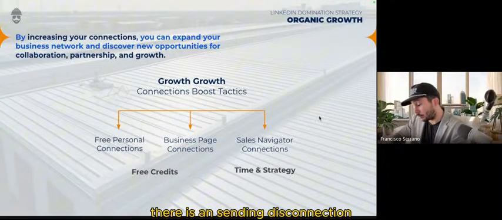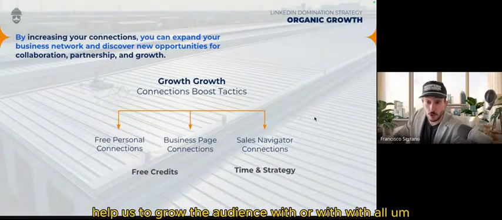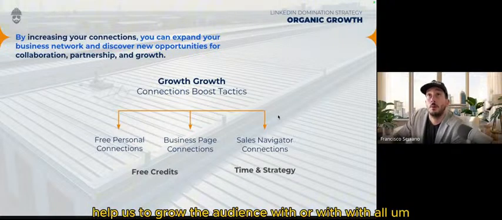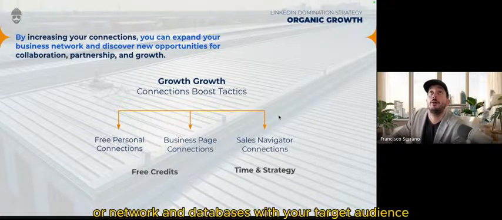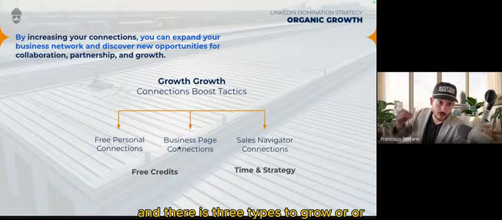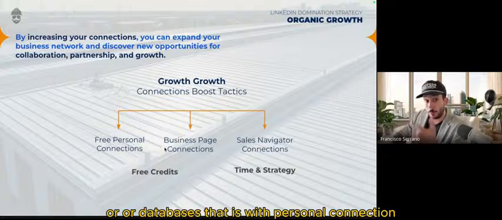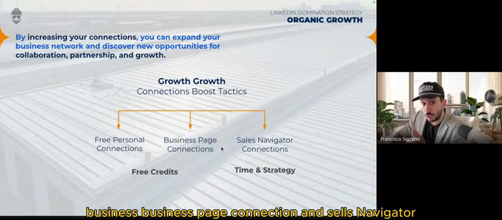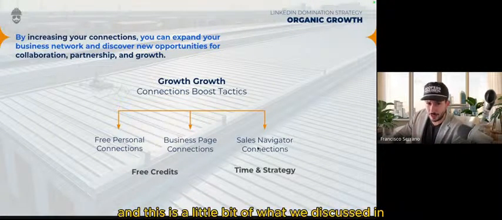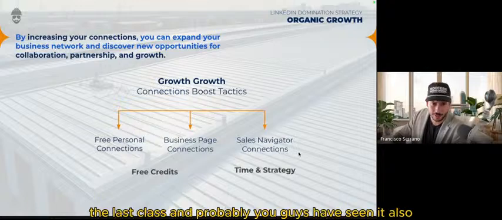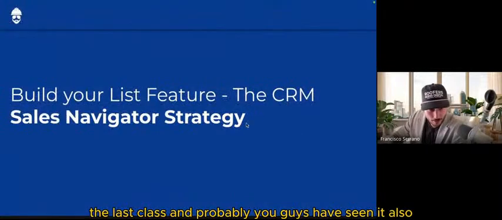And sending these connections helps us grow the audience with our network and databases with our target audience. And there are three types to grow our databases: personal connections, business page connections, and Sales Navigator. This is a little bit of what we discussed in the last class, and probably you guys have seen it.